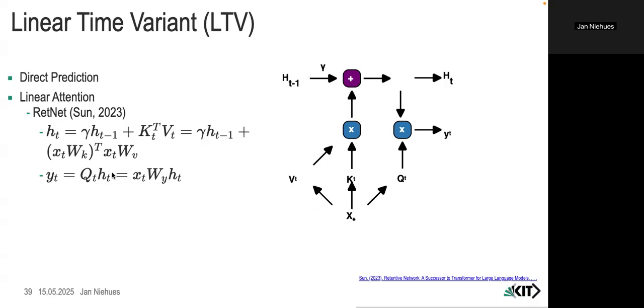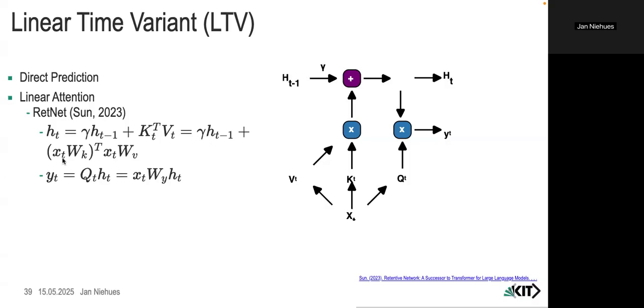And that gives you here the hidden state is gamma times ht minus 1 plus xt times Wk transpose, xt times Wv. So here you have your matrix B again depending on x. The matrix A is some fixed parameter. So you can't really learn a reset here, it's just to discount.